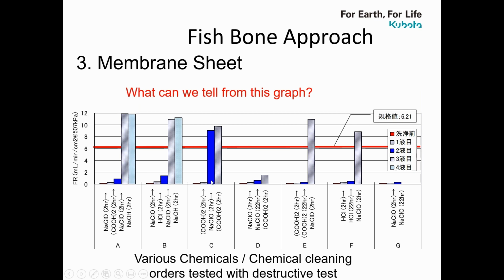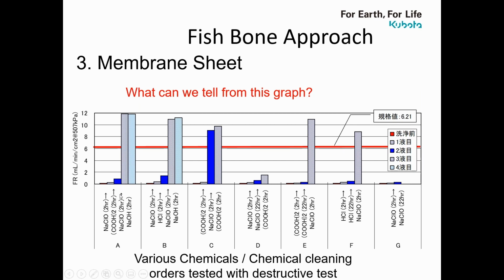Sodium hypochlorite clean after that, it recovered. This one, we did sodium hypochlorite, and then another sodium hypochlorite for 22 hours, but it didn't clear. And then acid after that, didn't clear. In this case, it's all the same membrane from one plant. Oxalic acid, 2 hours, didn't clean, 22 hours, didn't clean. And after that, we did sodium hypochlorite, it cleaned.